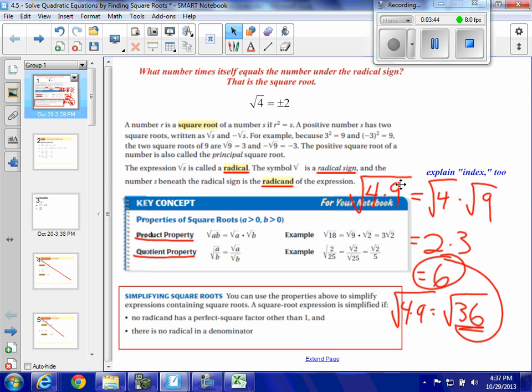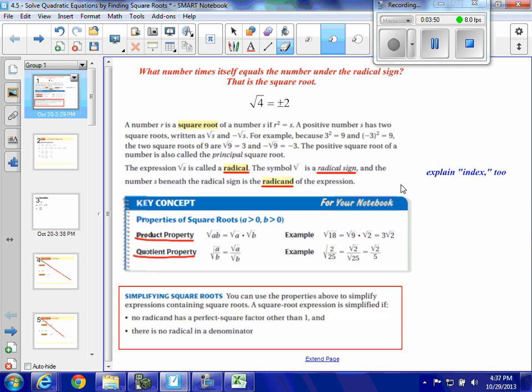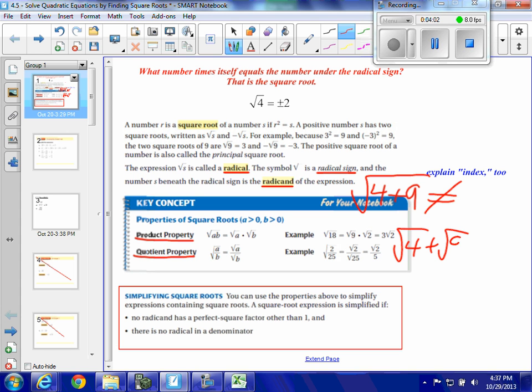It's radical A times B. This would not work, so don't make this mistake: radical 4 plus 9 is not equal to radical 4 plus radical 9. Think about it. Radical 4 plus radical 9 would be 2 plus 3, which is 5.